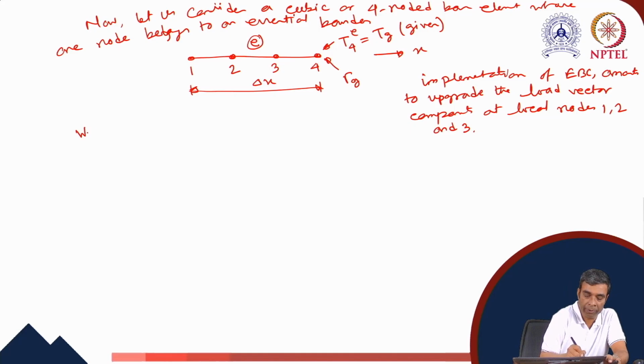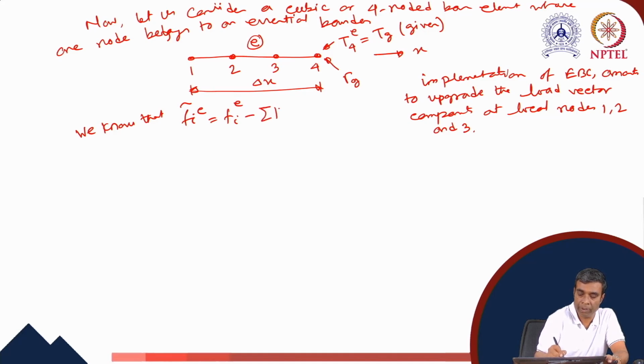We know that FIE equals to FIE tilde equals to FIE minus summation of K IBE TBE, B belongs to eta G.